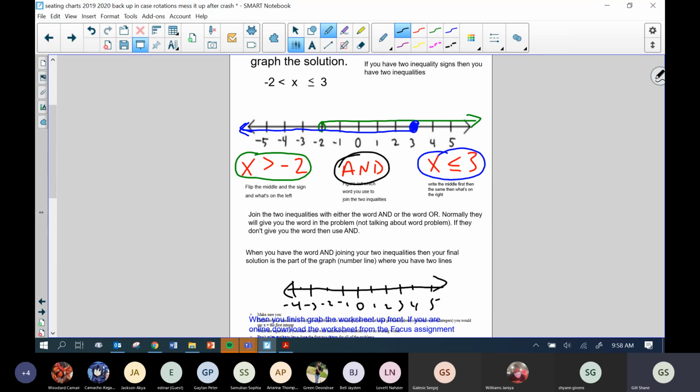You're going to really just put the circles the same exact way you did them. So one closed circle will be on 3, right? That's how it looked up above. An open circle will be on 2. And then again, my final answer is where I have both lines. So the only place I have both lines is right here in the middle. So that means I would just be shading the middle for my final answer. So that is my final answer to this problem.